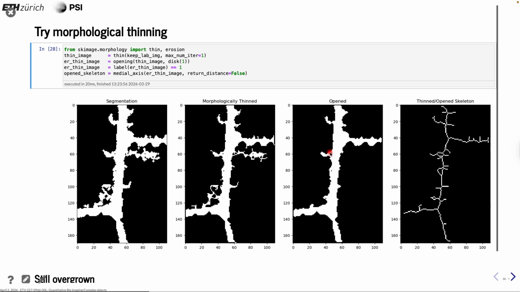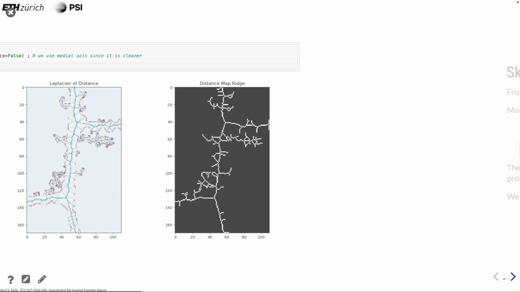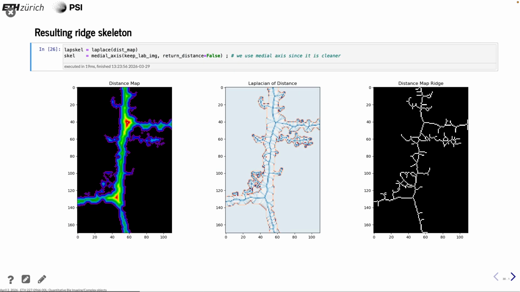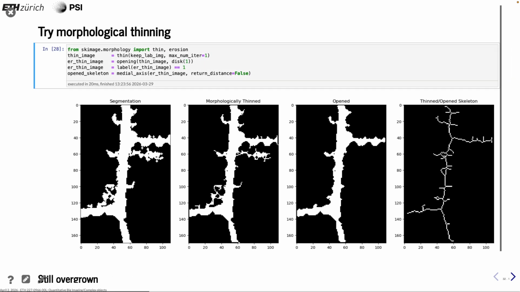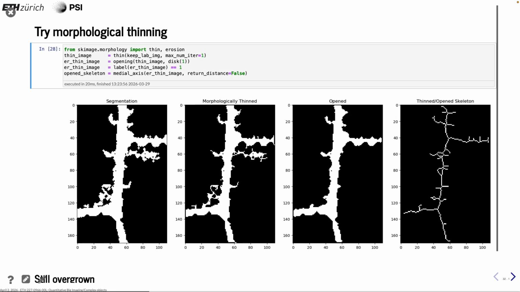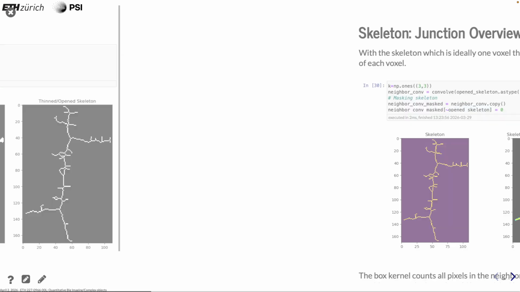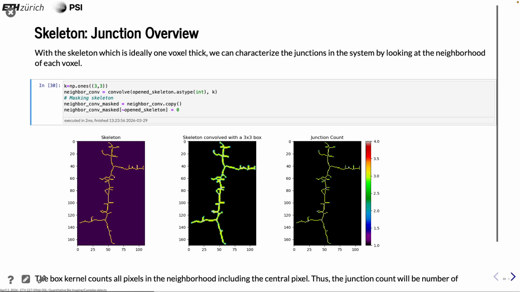The little bit of problem is we have two misclassified pixels inside here, and they really come out as two loops in the image. But anyway, this skeleton looks a lot better than the one we had here. So it's already an improvement. So let's run on and see what we can do with this.